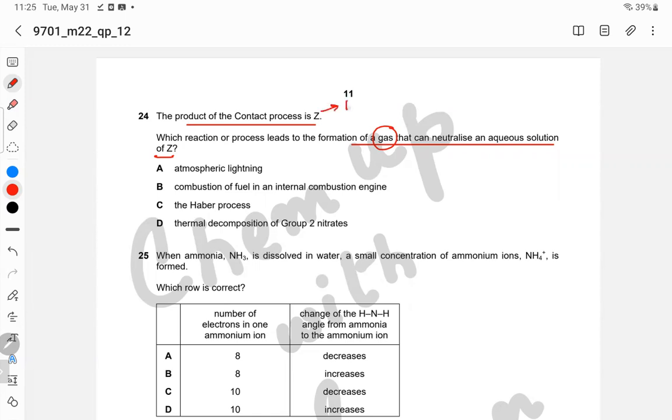So we have sulfuric acid over here, and that gas must be an alkali. So is this point clear to everyone? Yes, is this point clear to everyone? Okay.